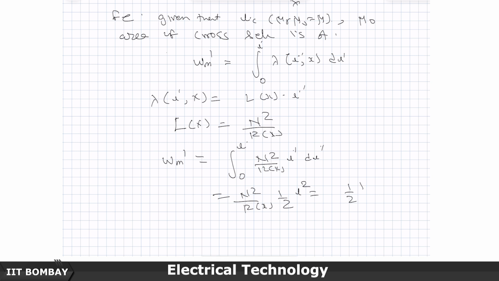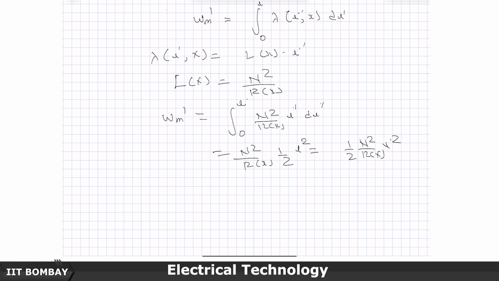So, I get this as my co-energy, and Fe will be then the partial derivative of this with respect to the state variable x, the distance.